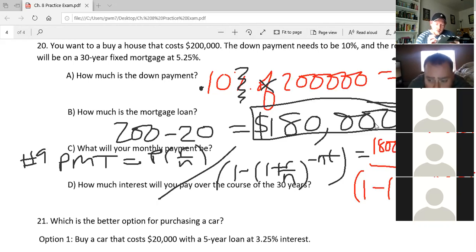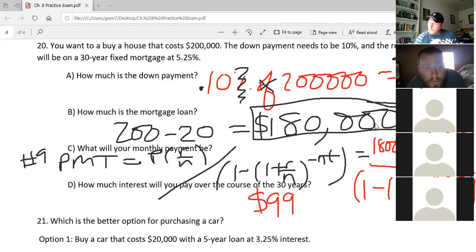So times 30 in parentheses. When you plug this huge expression into your calculator, you should get that the monthly payments are going to be $993.97.